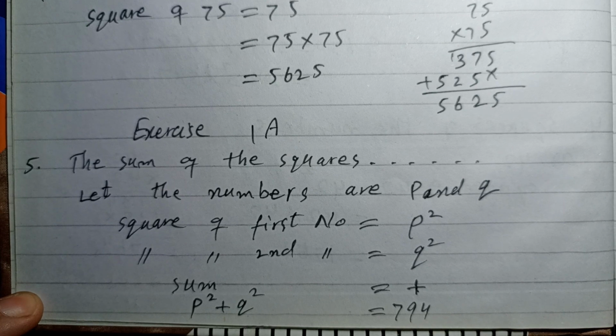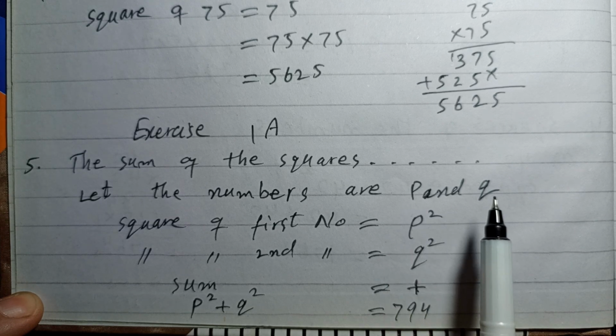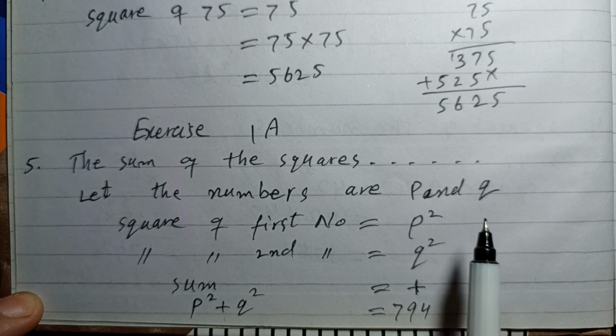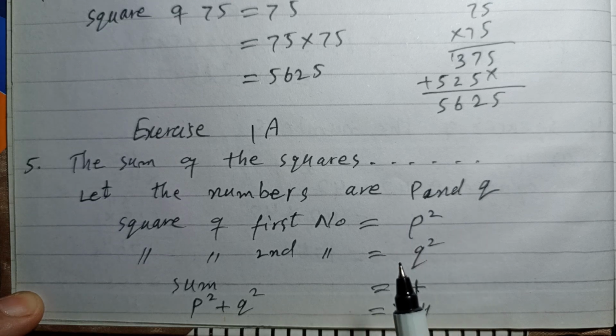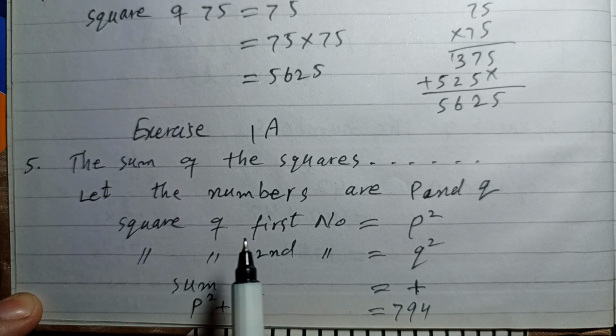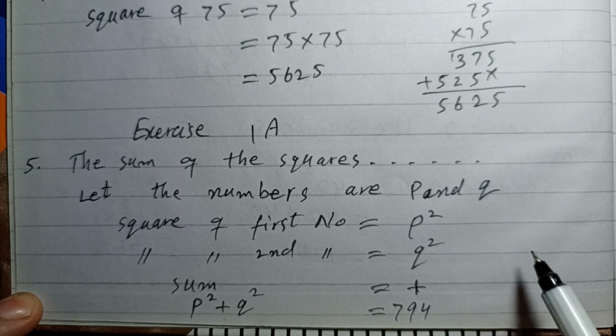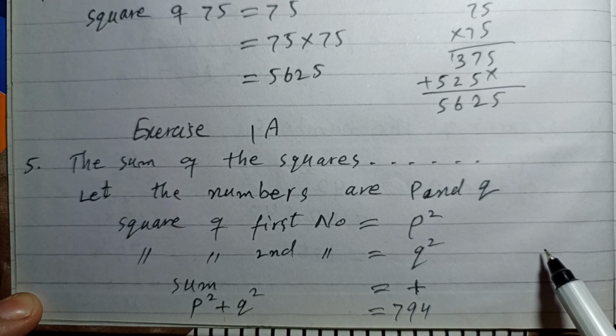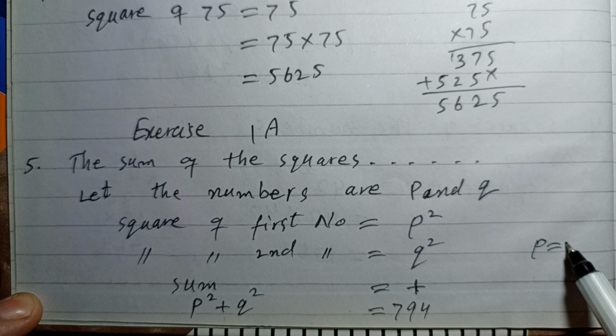Now further he is telling us that if one of the numbers, P or Q, any one number is 13, then we have to find the next number. It means that we can say let P is 13.